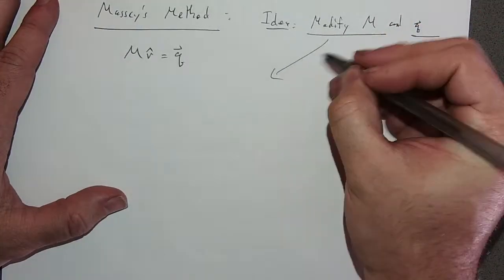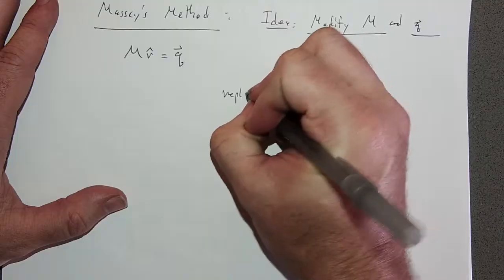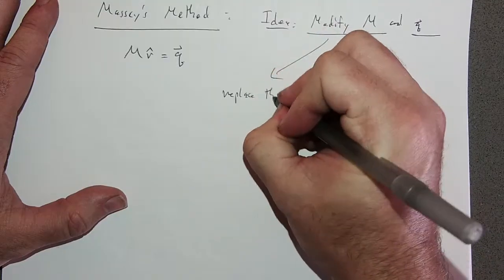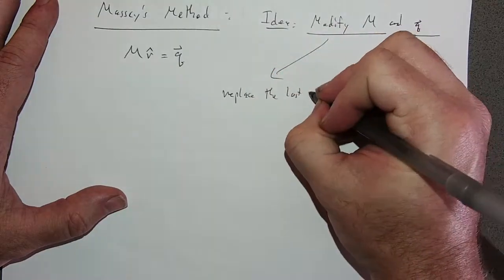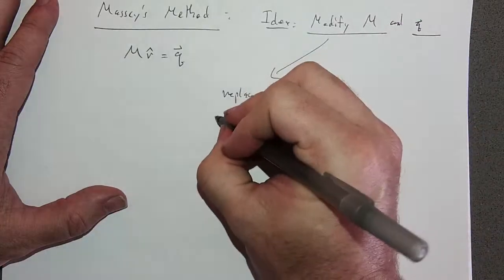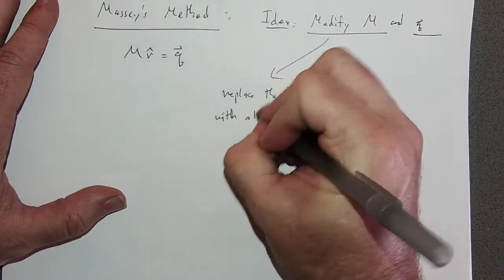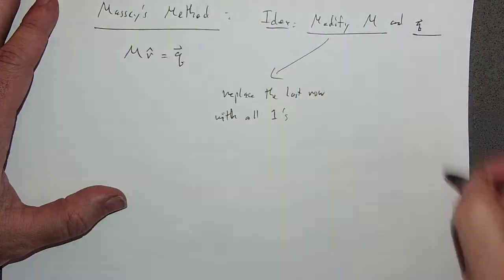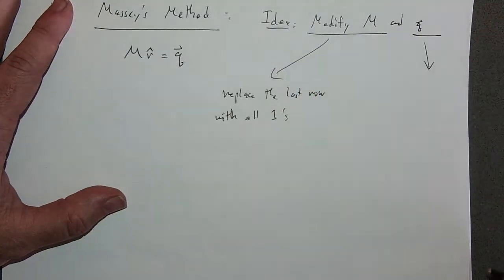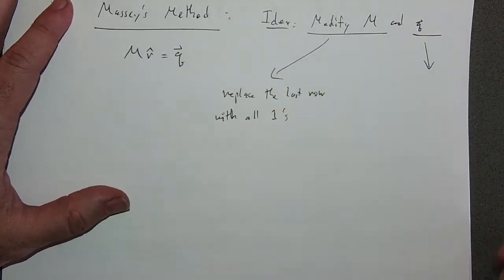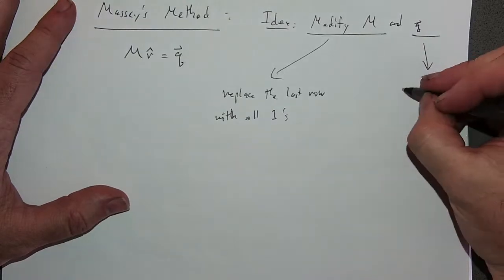So for modifying M, we replace the last row with all ones. And here we replace the last entry of Q with a 0.